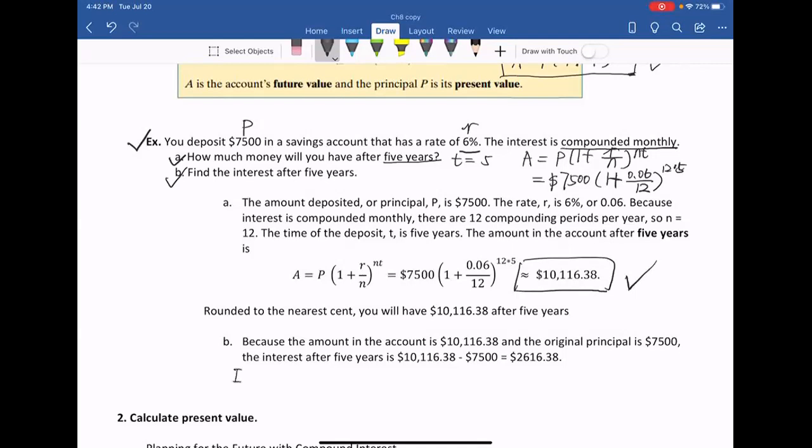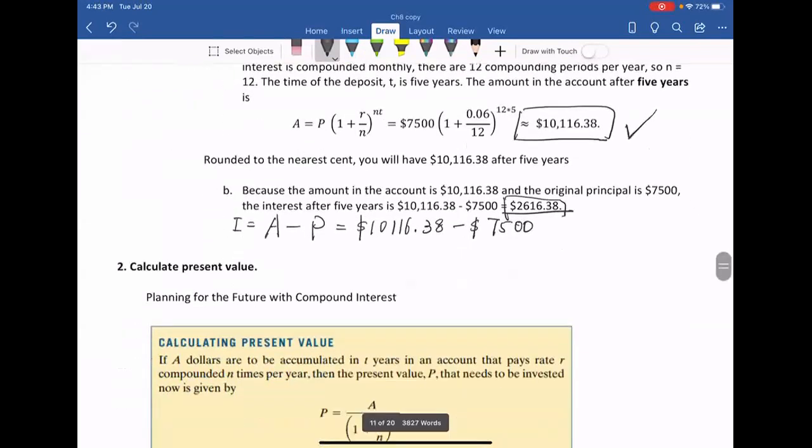So the interest equals future value A, subtract present value P, equals 10116.38 subtract 7500, and then we got this amount of money. That's the interest after 5 years.